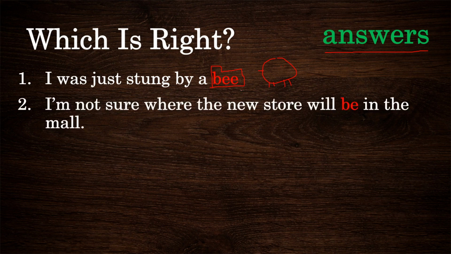I'm not sure where the new store will be in the mall. This is one E because it's talking about the position of the store in the mall. So it must be one E because it's talking about the position. That is one of the definitions of the be with the one E, as we described before.